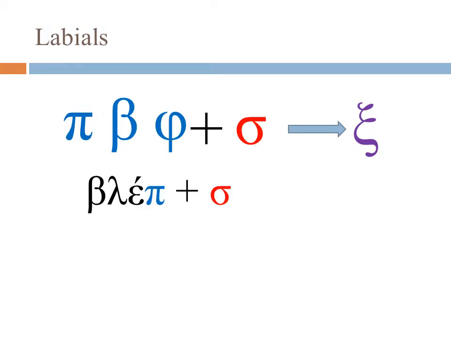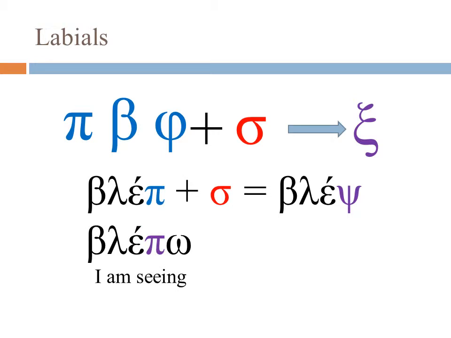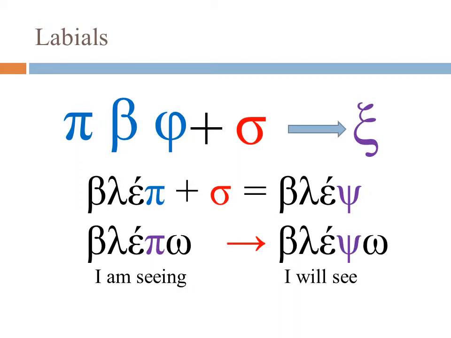So, in a verb that has a stem blep, if it touches a sigma, it's going to turn to bleps. So its future is actually going to be a merger of the sigma and the final consonant. So blepo, I am seeing, the future form is blepso, I will see.